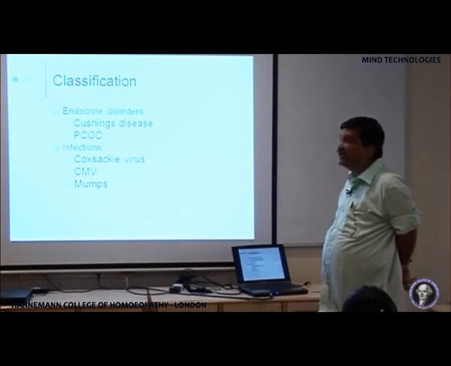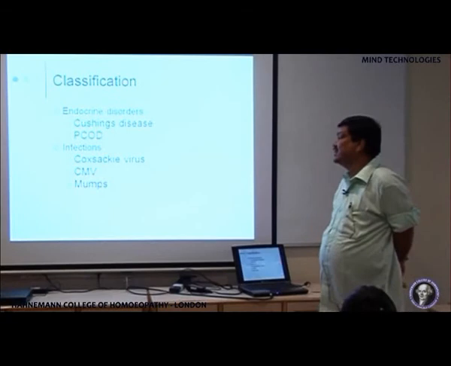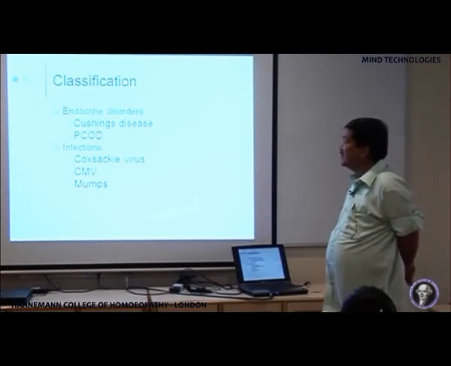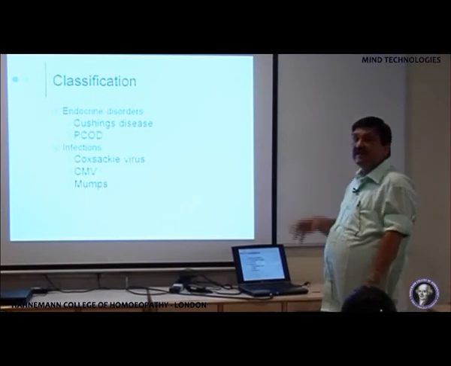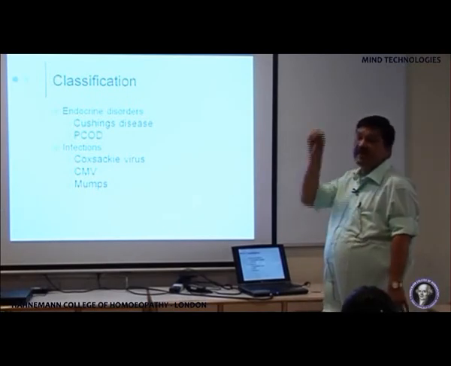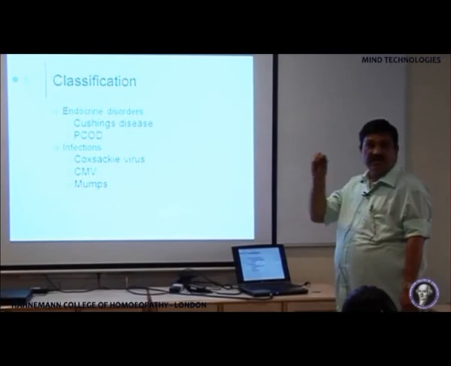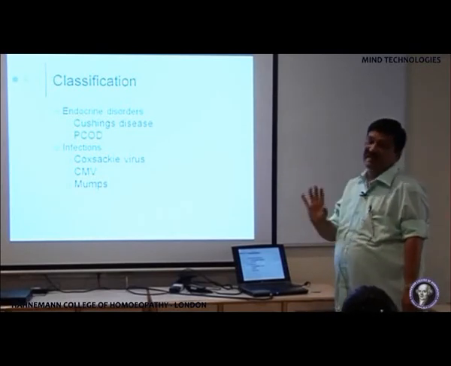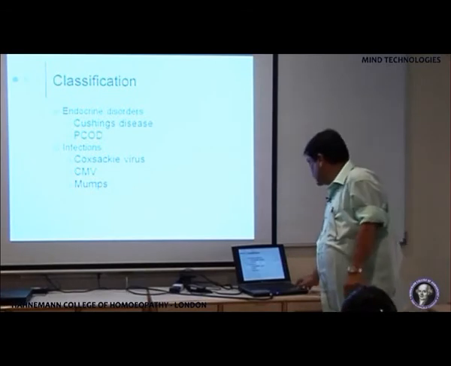Infections, especially viral infections due to Coxsackie virus, cytomegalovirus and mumps virus, can induce diabetes because of their direct destructive action on the pancreas. They lodge in the pancreatic cells, multiply, and destroy these cells, and that gives rise to diabetes.